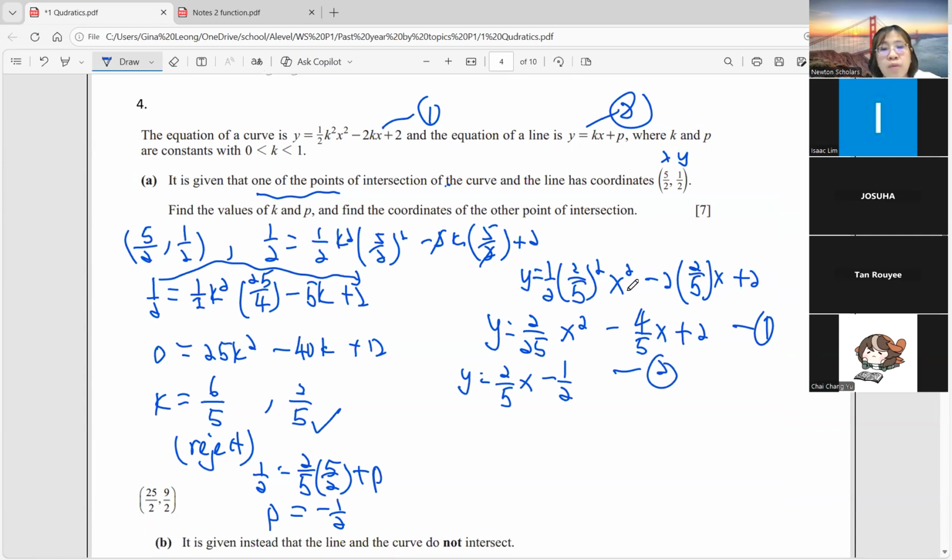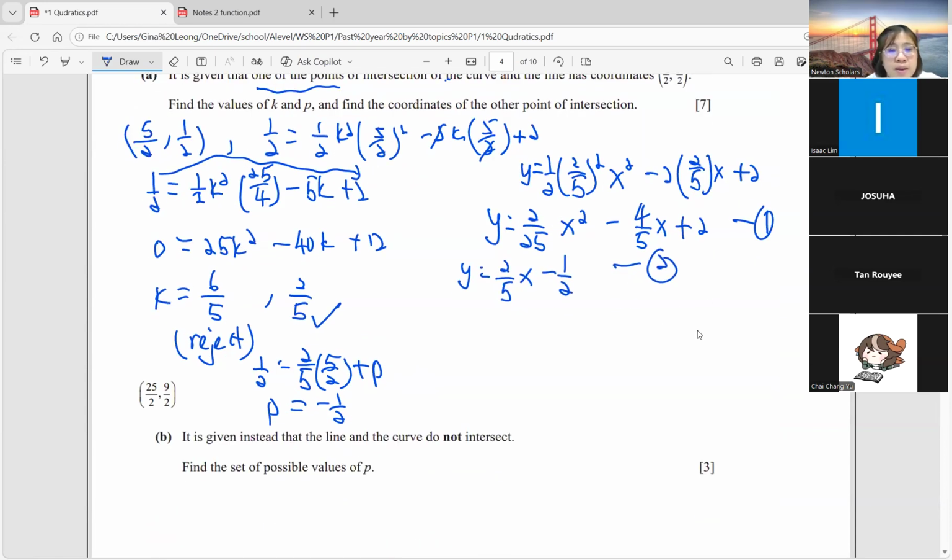Okay, we need to solve it so that I can get my intersection point. So equation 1 equal to equation 2. So 2 over 25 x squared minus 4 over 5x plus 2 equal to 2 over 5x minus half. Okay, from here, we try to simplify.